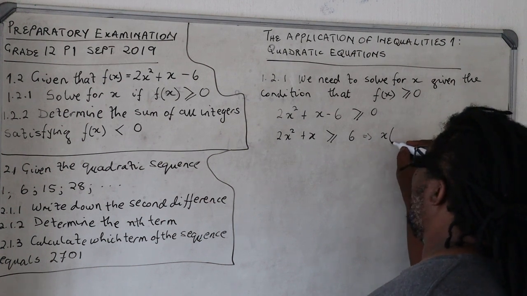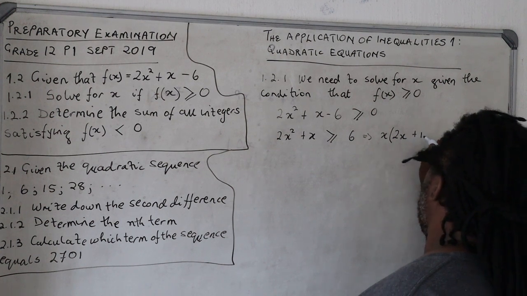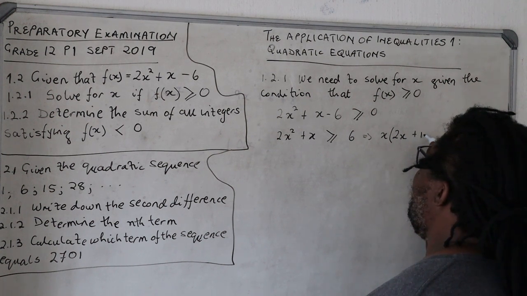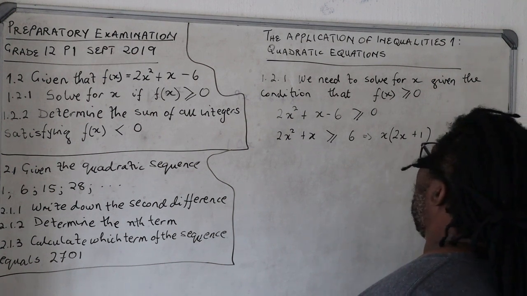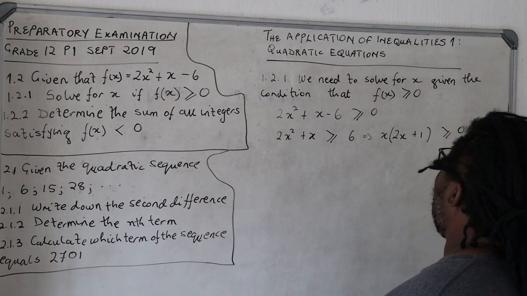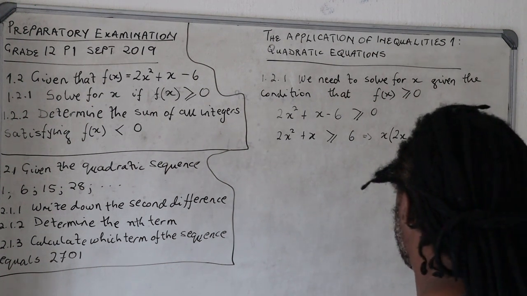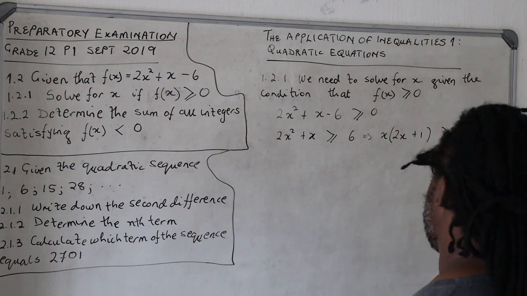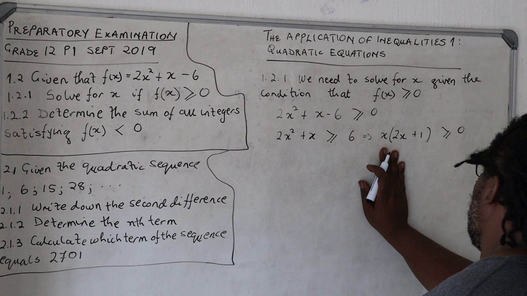From there, we factorize the left hand side, taking out x, and we will have x bracket 2x plus 1 is greater than or equal to 6. So now we are going to look at the conditions for which this inequality holds.